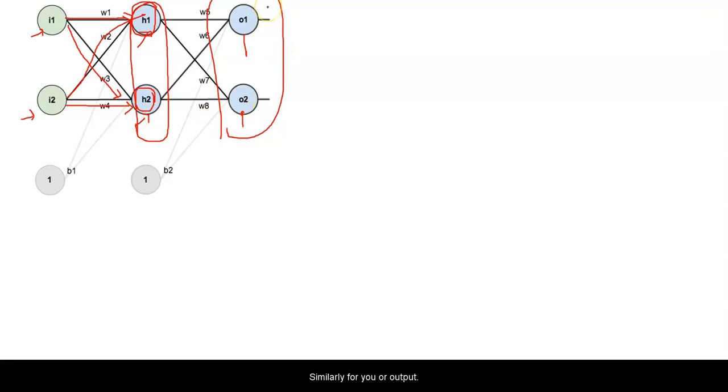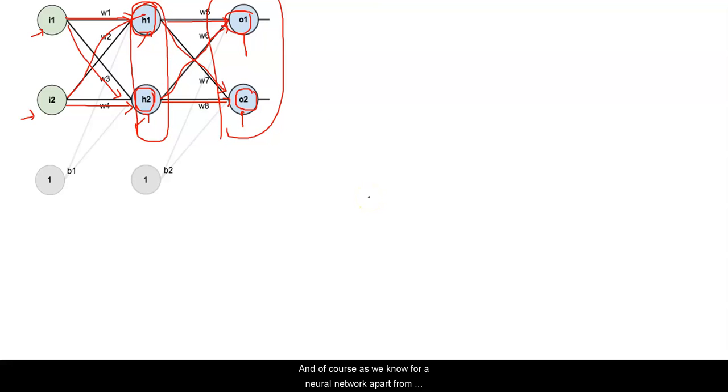Similarly, for your output layer and its first neuron O1, you have the weight W5 and the weight W6 coming to it. And for the neuron O2 of the output layer, you have the weight W8, which is coming from the H2 neuron, and the weight W7, which is coming from the H1 neuron.